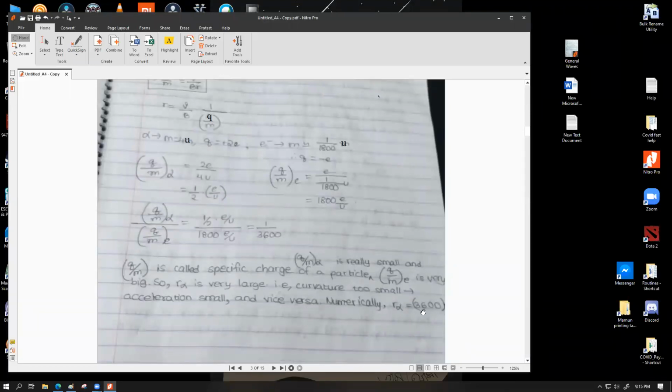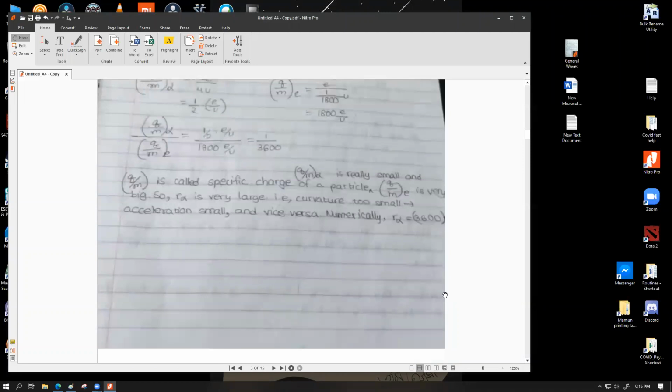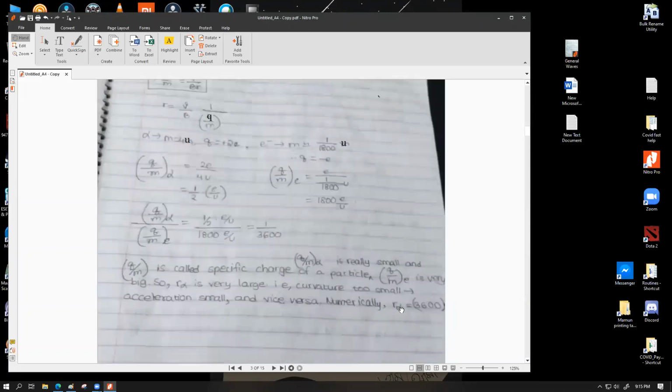Numerically, r alpha is about 3600 r electron. Here r electron needed to be written, but it got cut off in the picture. I'm sorry about that, but you get the point. The radius of alpha should be about 3600 times as big as the radius of a beta particle.